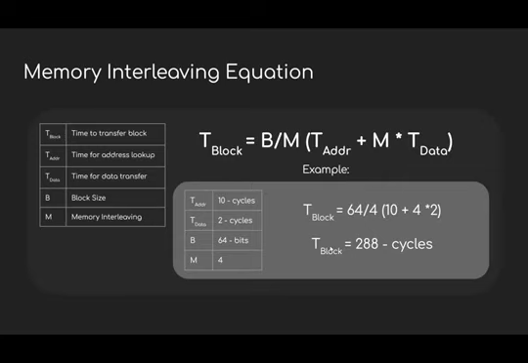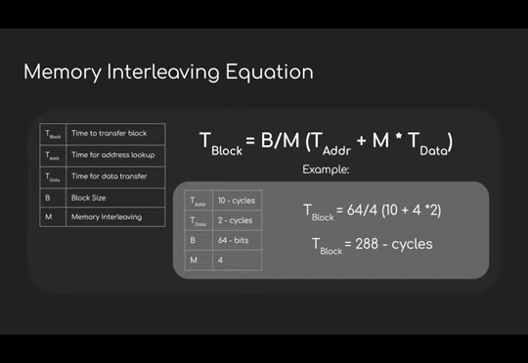This is shown by the memory interleaving equation, which, same as bandwidth, you have your T block, time to transfer, equal to block size divided by your memory interleaving optimization, multiplied by your time for address lookup, plus your memory interleaving optimization times your time for a data transfer.